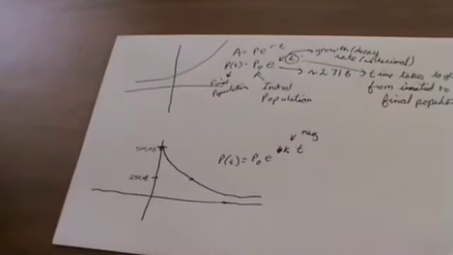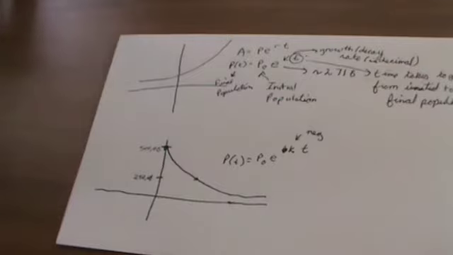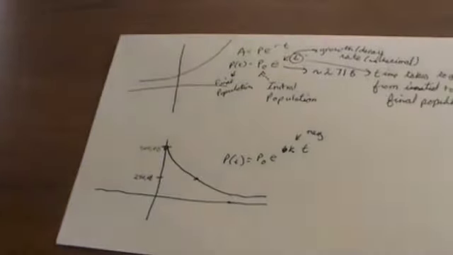Another example from the business world is continuously compounded interest. If you remember from when you were in Math 120, you had interest that was compounded annually, compounded twice a year, compounded quarterly, compounded daily even.